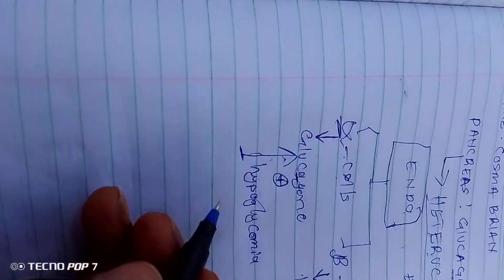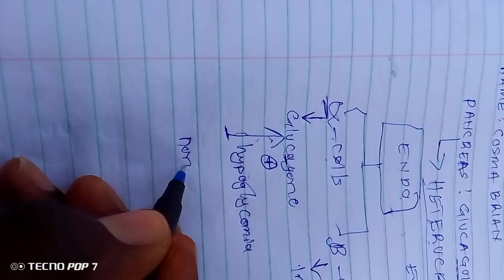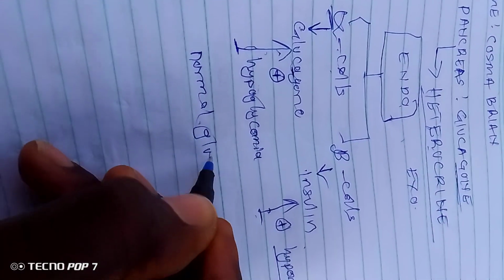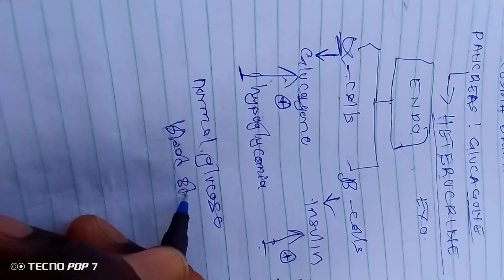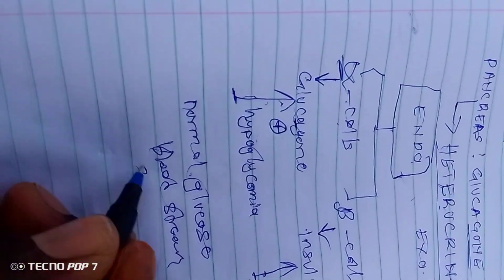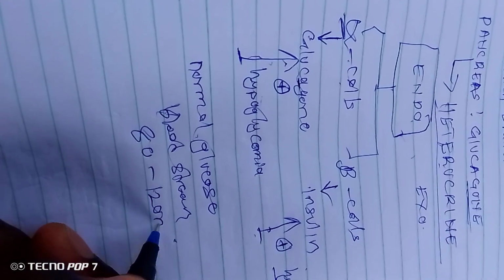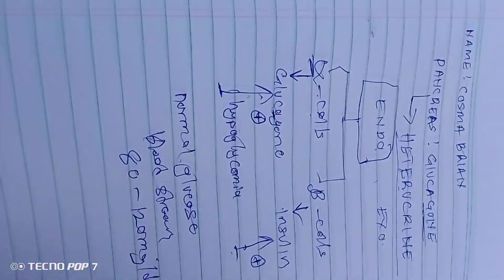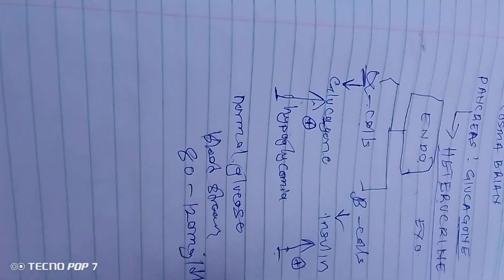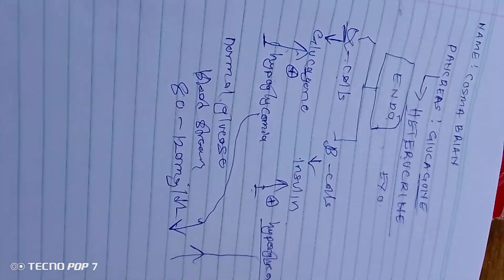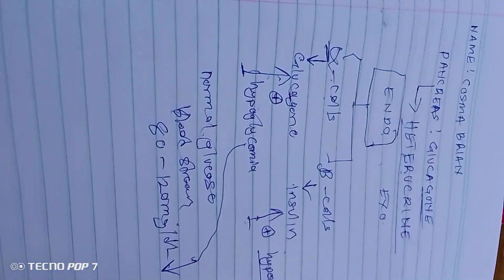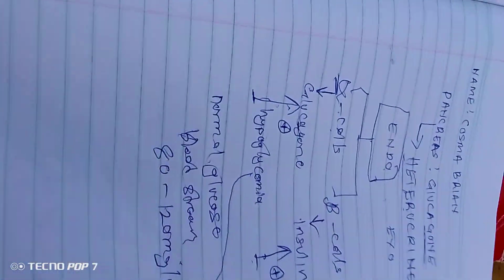The normal glucose in the bloodstream should be around 80 to 120 milligrams per dl. A low concentration, below this, is referred to as hypoglycemia, and above this is referred to as hyperglycemia. So these two hormones normally regulate blood glucose in the bloodstream.